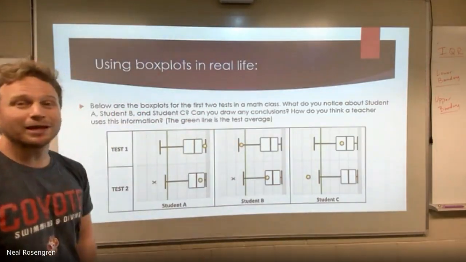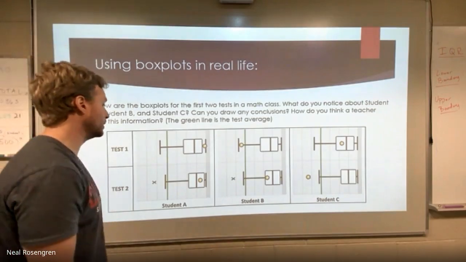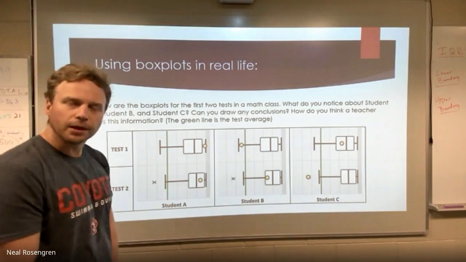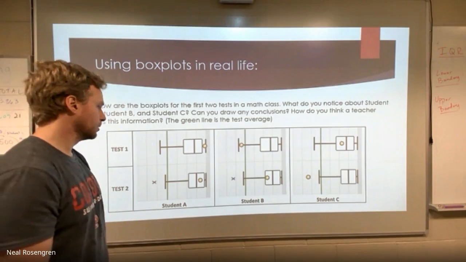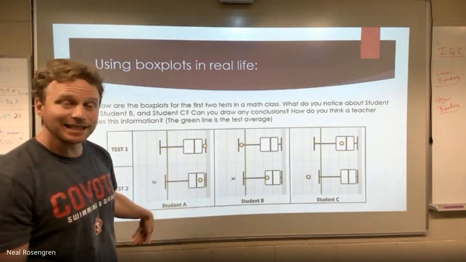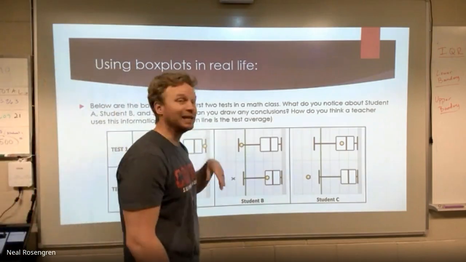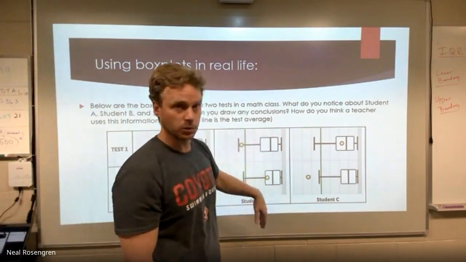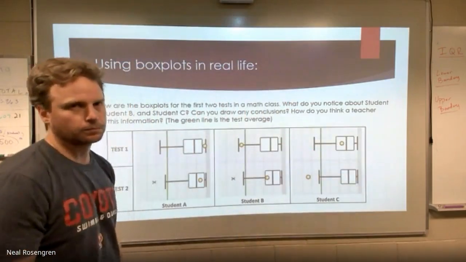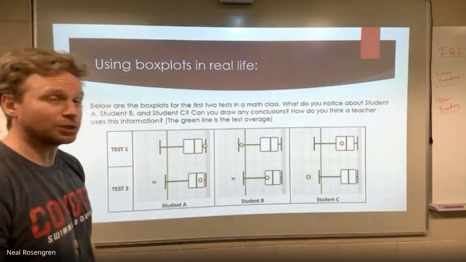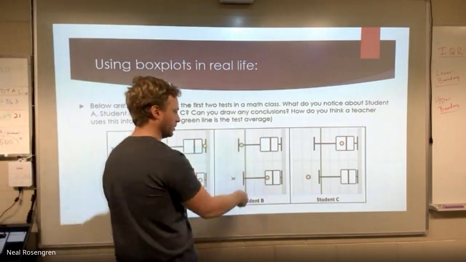And so what I want to hear from you guys, if you can notice anything, is there something that you can tell about how student A did from test 1 to test 2, how student B did from test 1 to test 2, or how student C did from test 1 to test 2? Can you just, looking just at this visual, and the average is right here. There's the average kind of right in the middle.